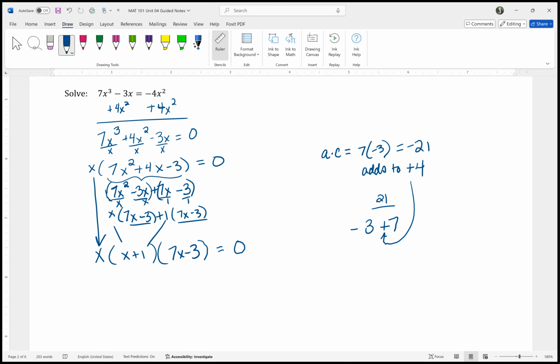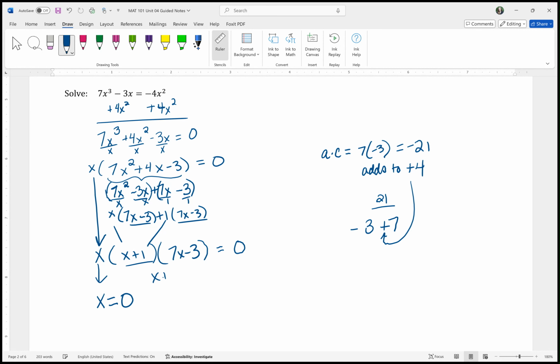But again, this is an equation equal to 0, so we're now setting each factor containing a variable equal to 0. That includes this x. So this x has to be set equal to 0 as well. And if you saw my previous video, that's one of the reasons why we talked about if you have an x sitting out front, what do you do with it? Well, this is going to give us an answer of 0.